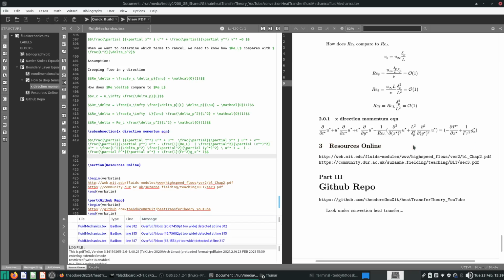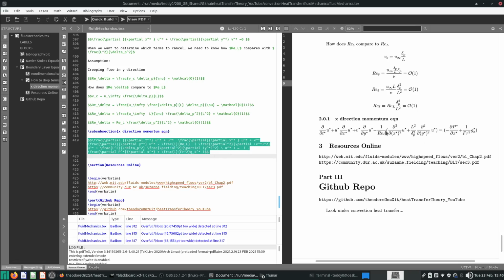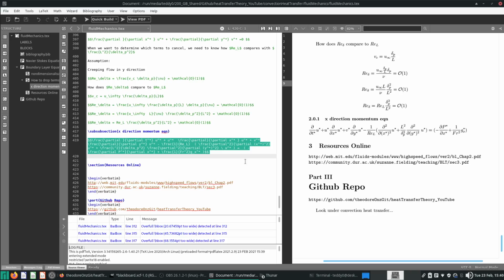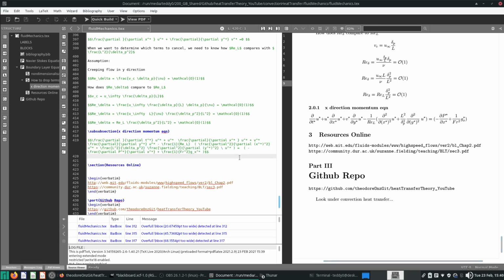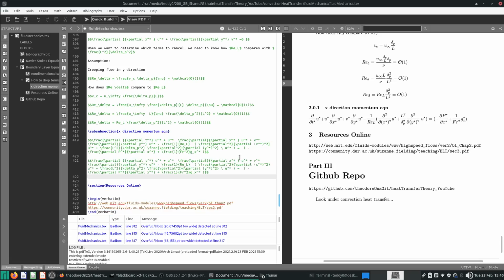We see that there's REL over here, and then there's this L squared over delta p squared, and this exactly is order of magnitude 1, which is very convenient for us. So let's do that.